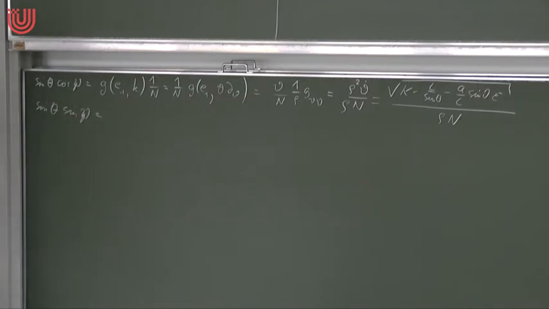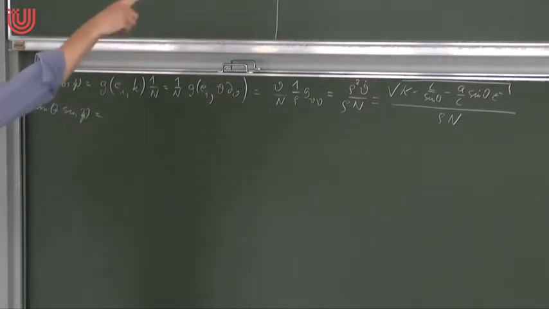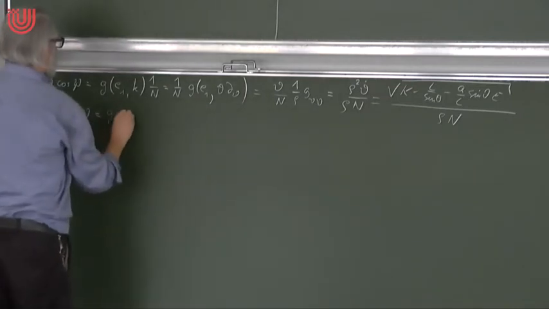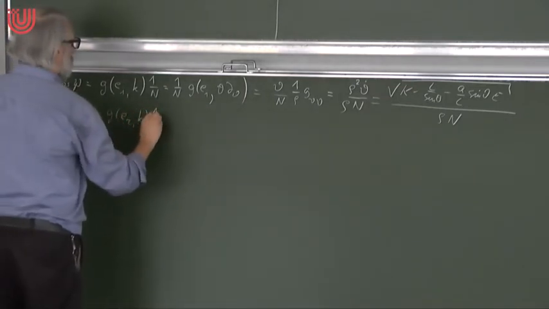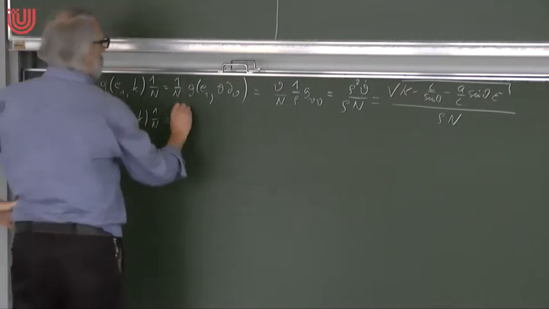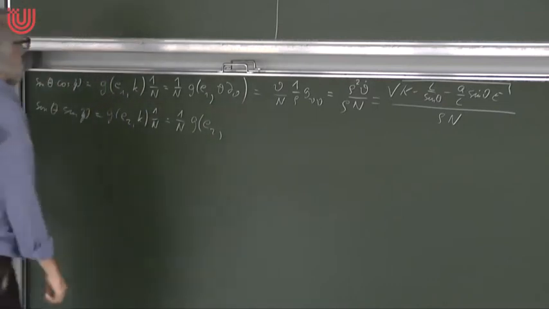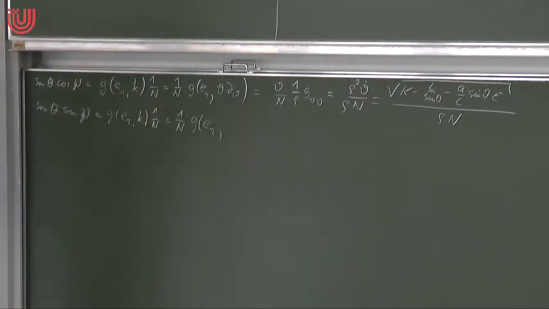So then the same thing for sine theta sine psi. Then I have to multiply with E2, right? So this gives g E2 times K, 1 over n. So this is 1 over n g E2. And K is what?